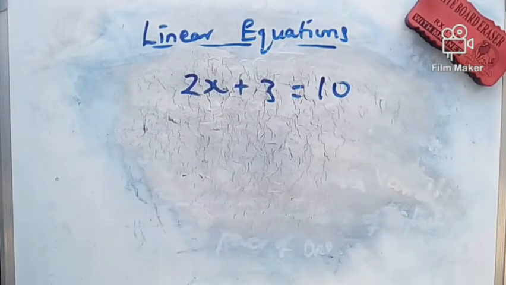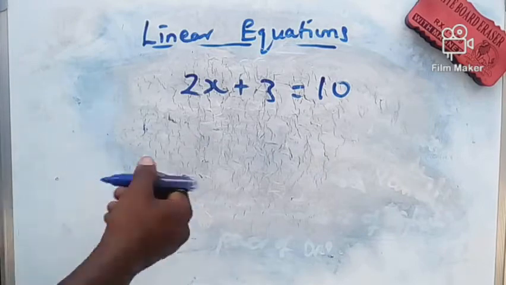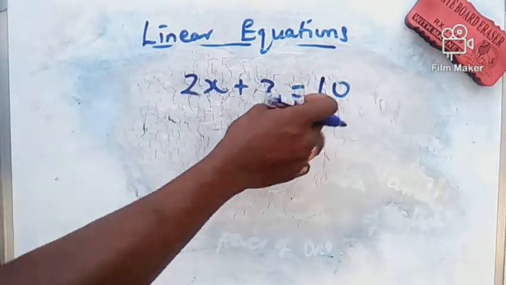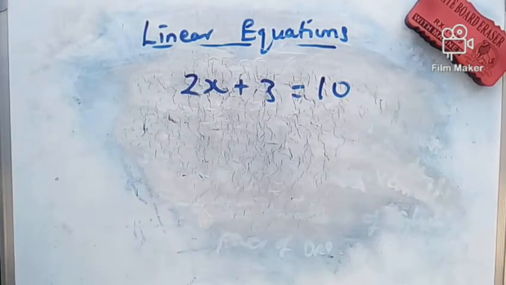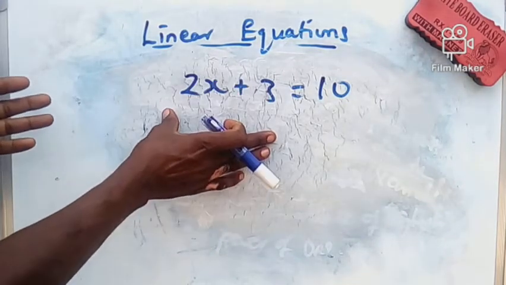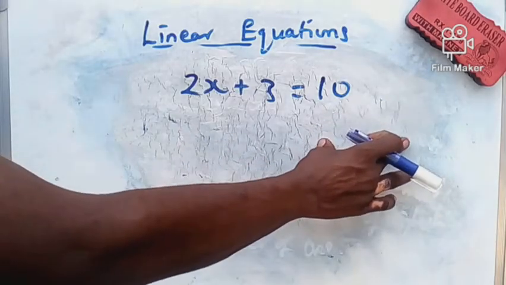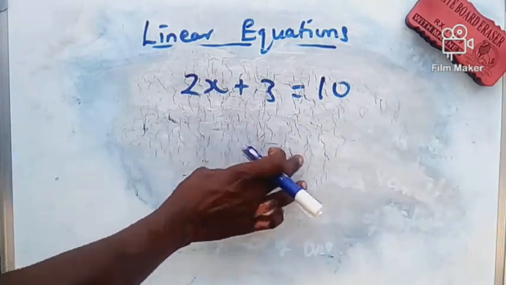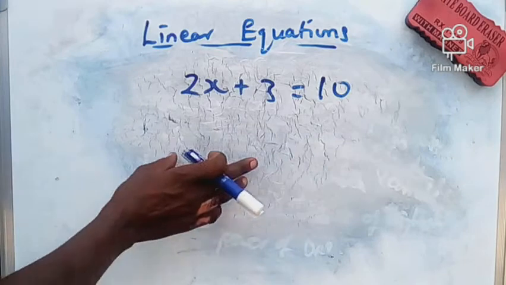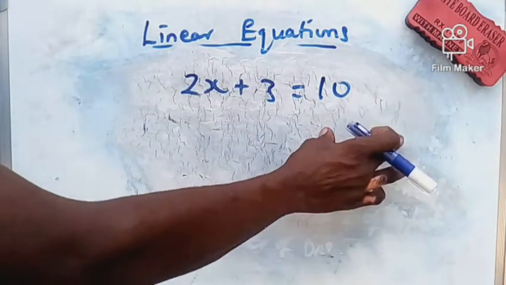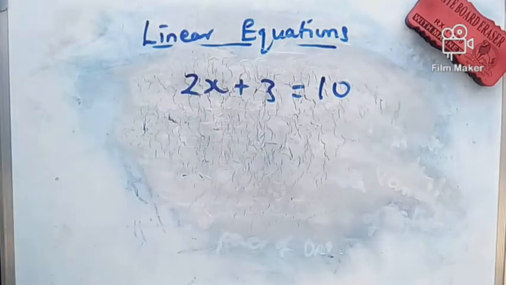So they are like brothers. You cannot separate them. Whatever you do here, if you add a number here, you're definitely going to add a number there. If you multiply a number here, you will multiply a number there. If you subtract a number here, you're going to subtract a number there. And if you divide any number here, you're going to divide a number there. So that should be noted.